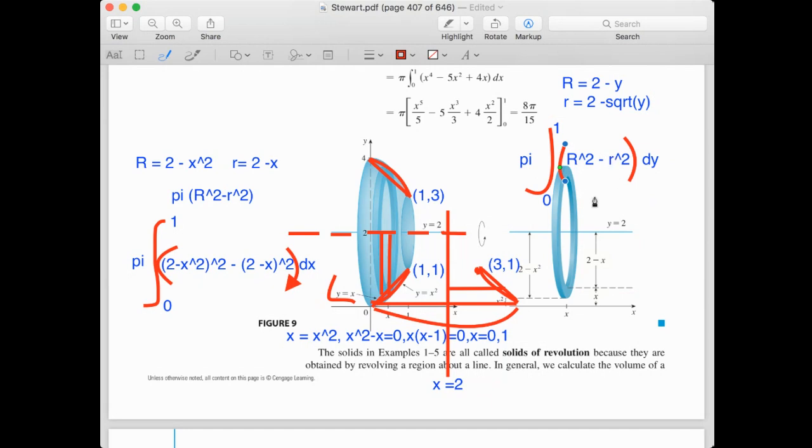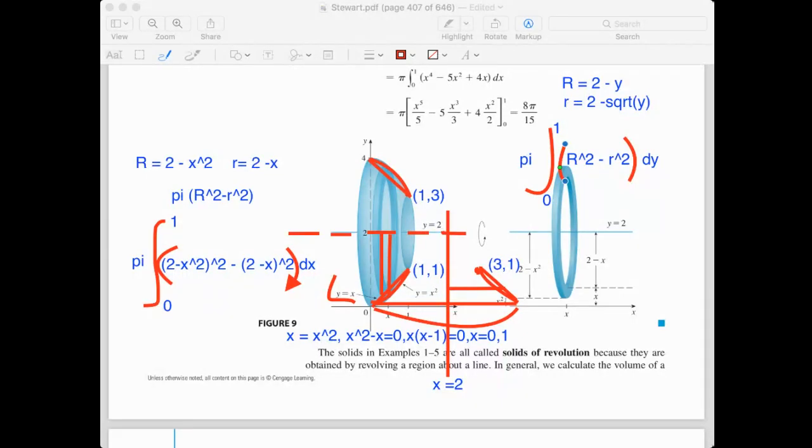This is for getting the volume of a washer-like 3D object. All right, any questions? This is over a straight line, x equals something or y equals something.